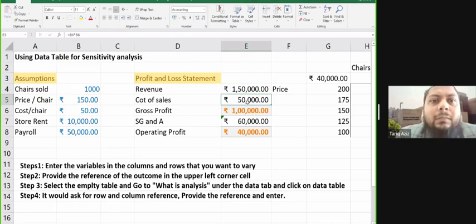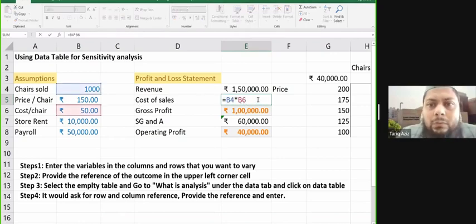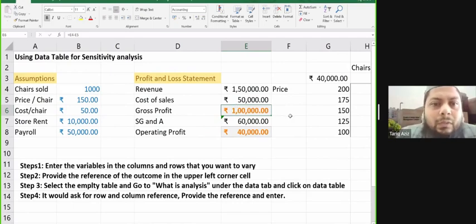Now if we subtract cost of sales from revenue, that will give us the profit. So cost is 50 rupees per chair. So total cost will be number of chairs multiplied by 50. So this is the cost of goods sold. So our gross profit is 1 lakh rupees, because total sales is 1,50,000 and cost of sale is 50,000. So gross profit is 1 lakh.